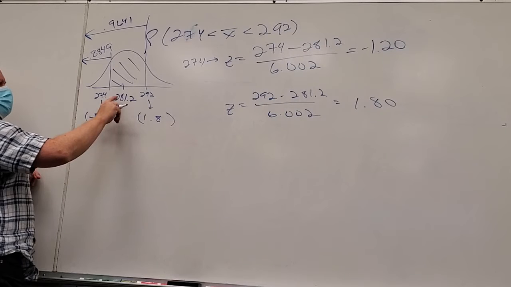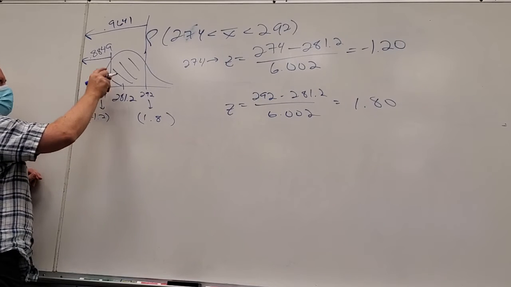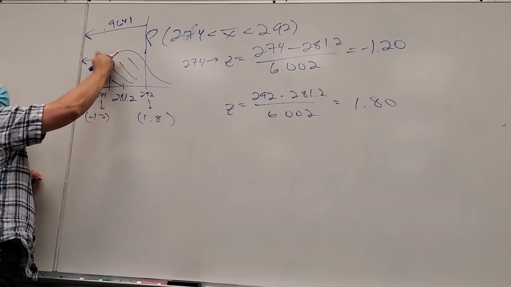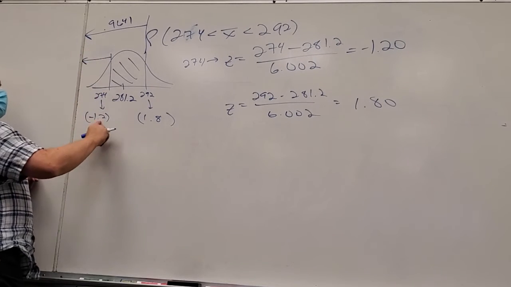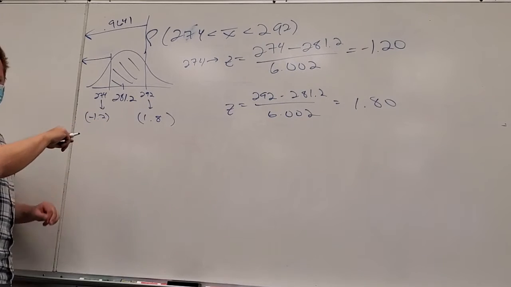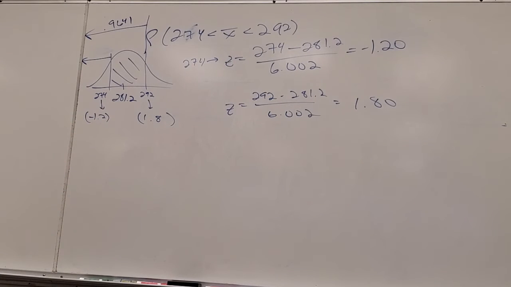Yeah, it should be less than 50%, right? Okay, so let's correct me. I think what I did was I looked up 1.2, not negative 1.2. So what do you get when you look up negative 1.2? Yeah, that's exactly what you did, past Jeff.